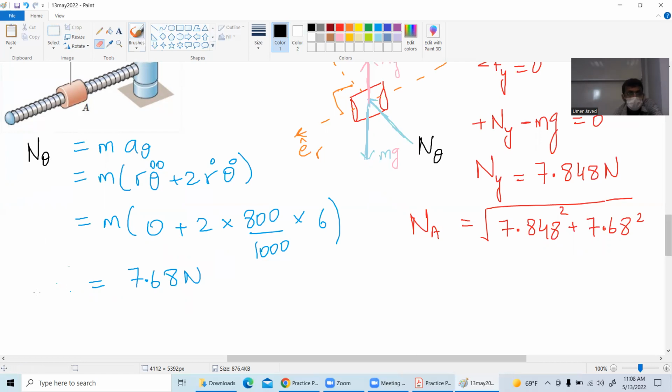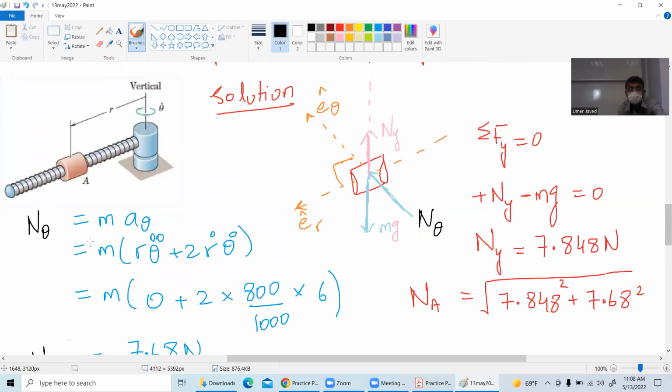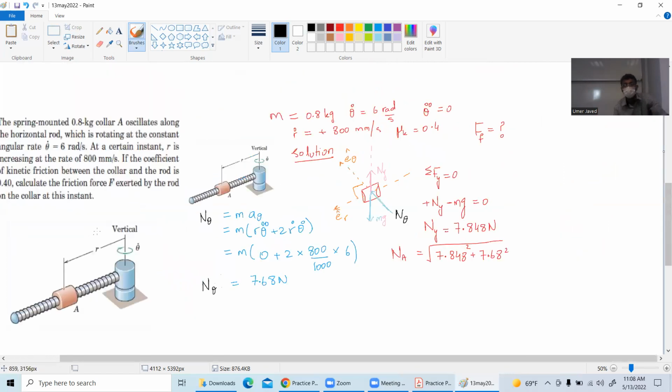Now there are students who are saying, what on earth is happening? Why did you use N theta? Well, the question is pretty straightforward, right? You talk about normal force because this plane has to offer, right? But what if the whole thing is going like this? Apart from the fact that the whole collar is touching this surface, it is also touching this surface, right? So there are two normals.